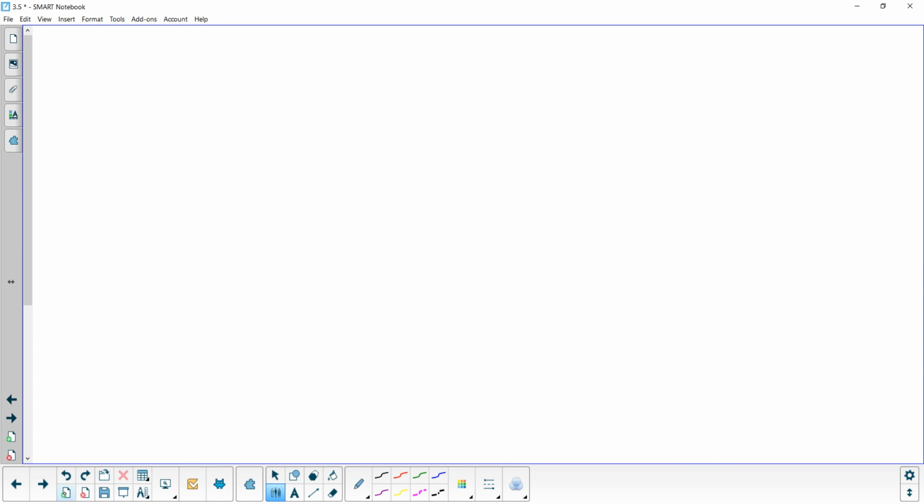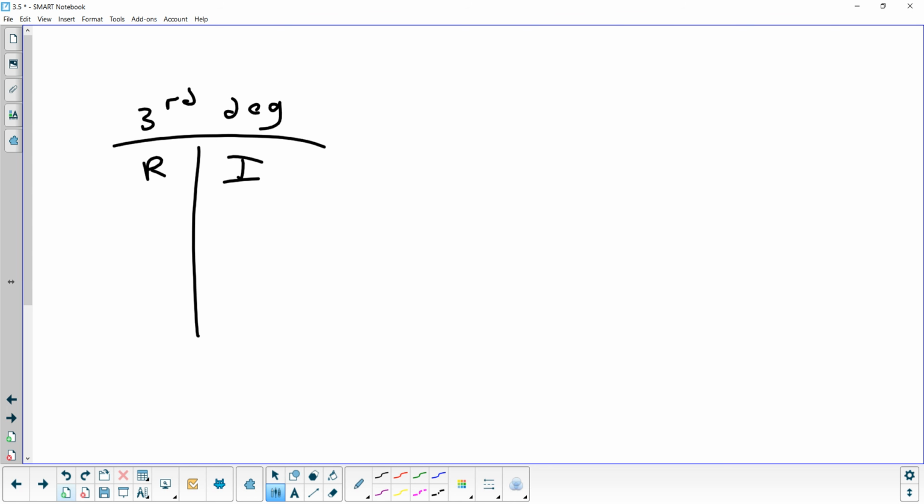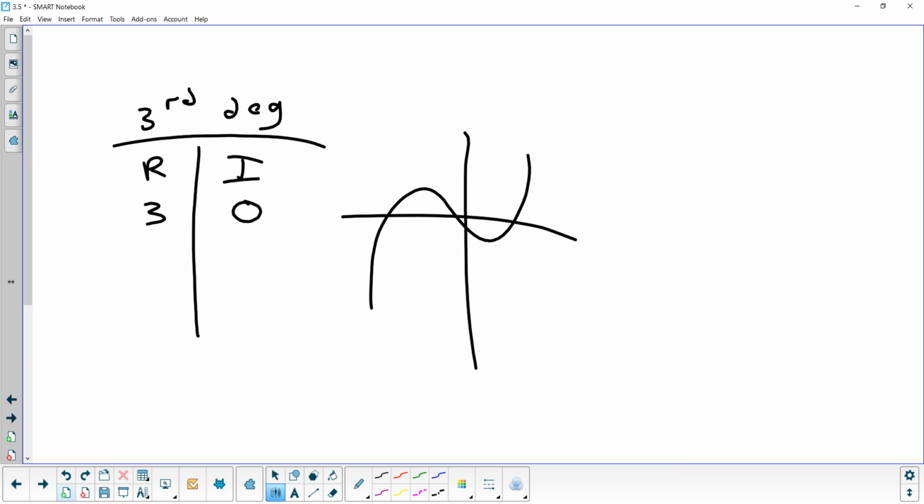So the cases you could have, let's say for third degree, in terms of real and imaginary solutions: you could have 3 real, no imaginary. That would look like this when you draw it. It's 3 separate reals. This is also 3 real.